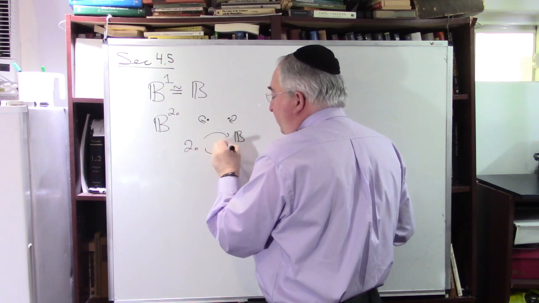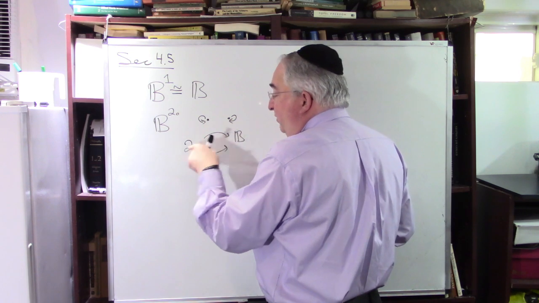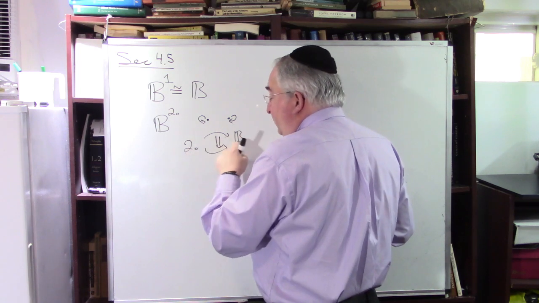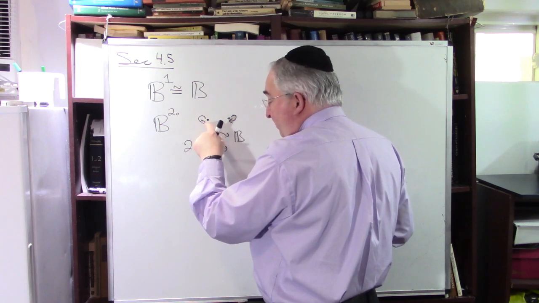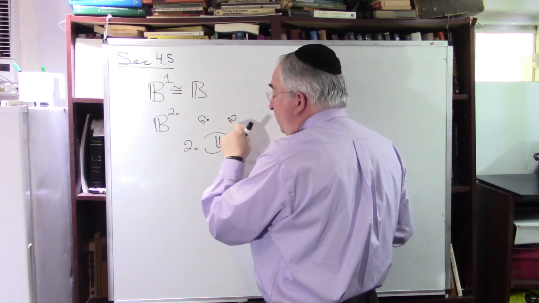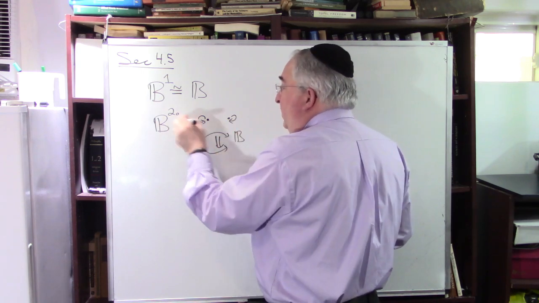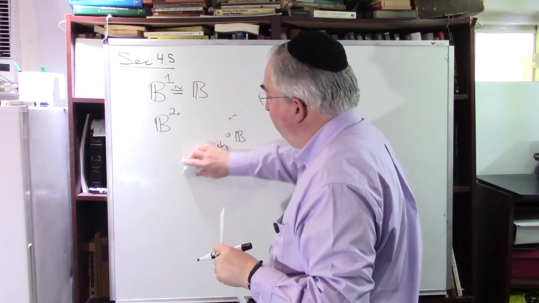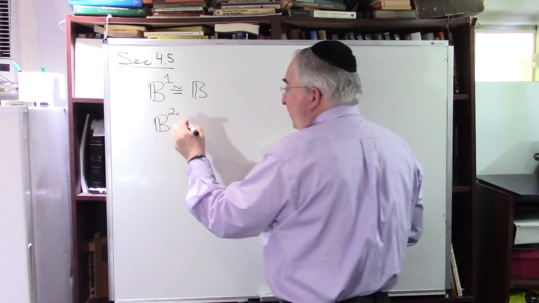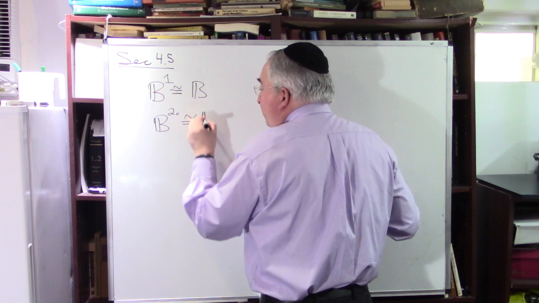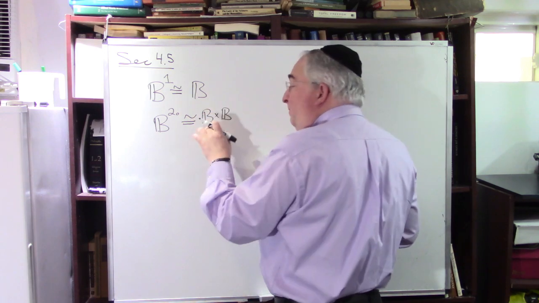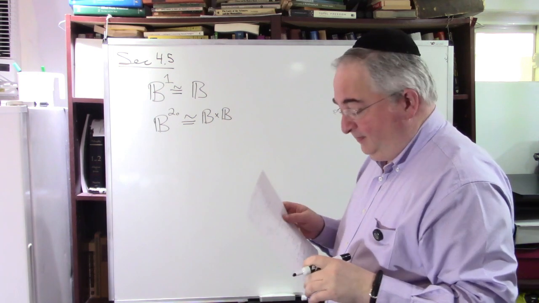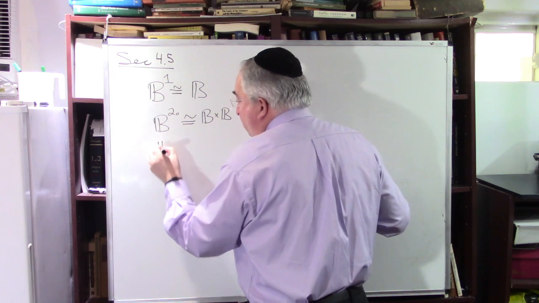If you have two functors picking out two objects, then a natural transformation between them is simply a morphism related to the first object, and a morphism related to the second object. So B to the discrete category of two elements is nothing more than, in other words, it's isomorphic to B cross B. Pairs of objects of B, pairs of morphisms of B. Nothing exciting.